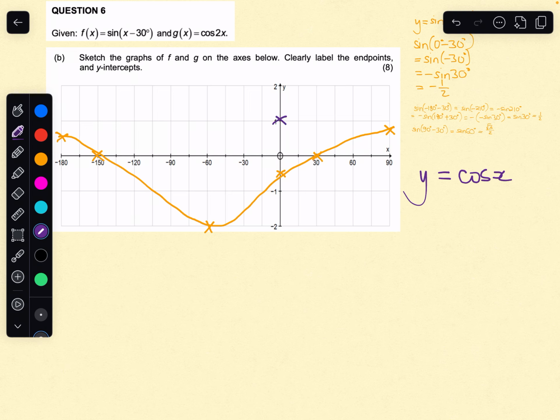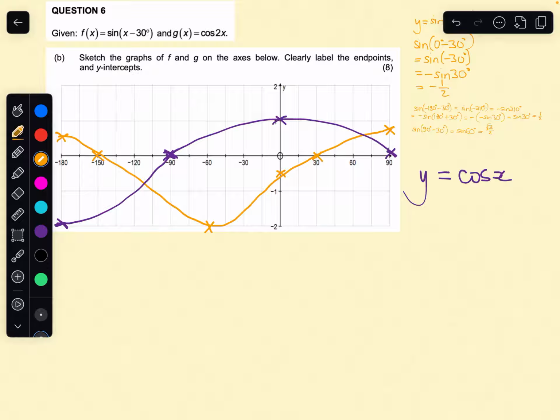And then it crosses the x-axis at 90, and mirror over there as well, and then it dips again at minus 180. So it looks something like this. It actually doesn't really matter. I don't really need to draw the curve, but for the sake of you.